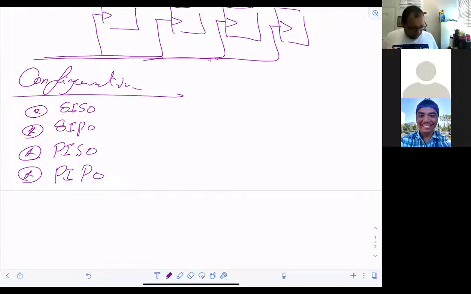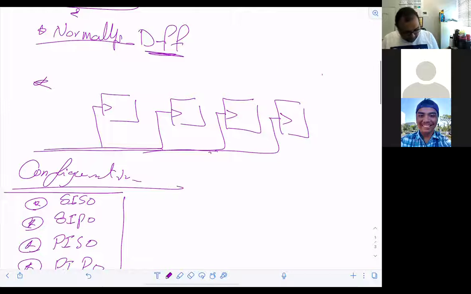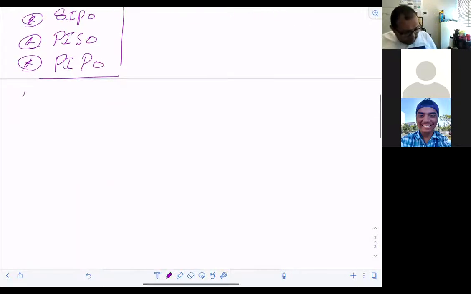Okay, so how many configurations do we have? 4. What do those configurations actually do? So if I would like to look at this example as a 4-bit register, but I didn't say what configuration it is following, I would say that it is SISO.